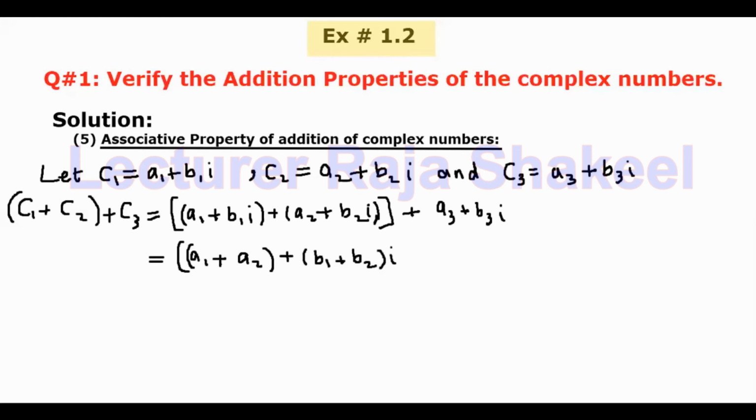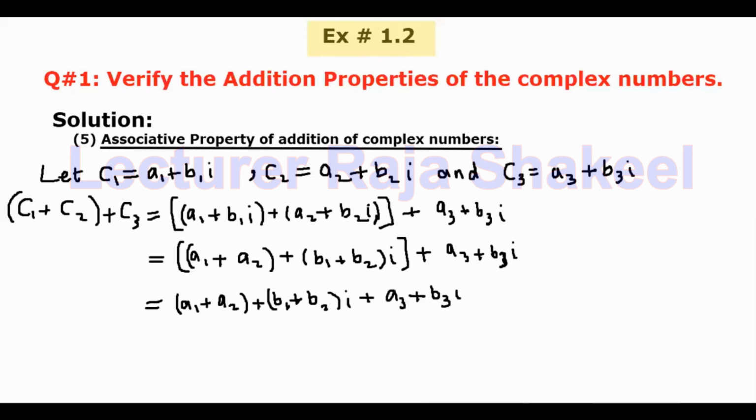We have already learned this property in the previous properties. Then last is a3 plus b3 iota. So here is a new complex number, a1 plus a2 and b1 plus b2 of iota. Now we are going to split the outer brackets.